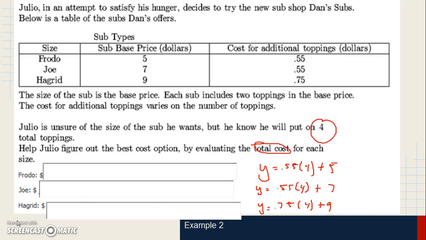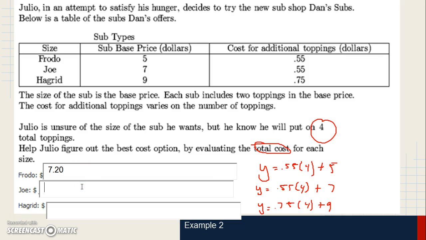So I've got 0.55 times 4, which is $2.20, plus the $5, and that is $7.20.